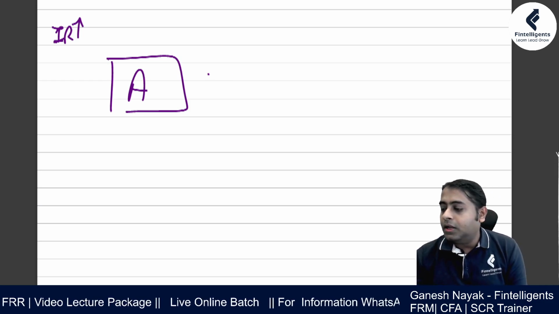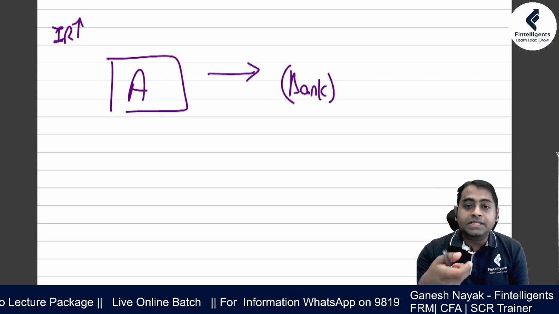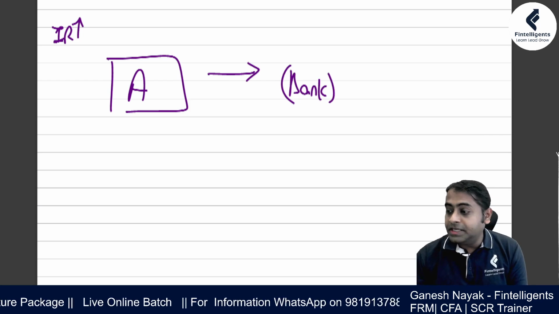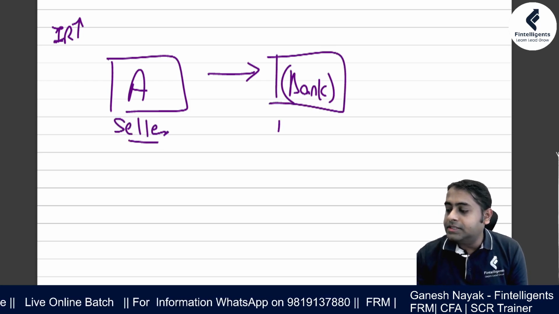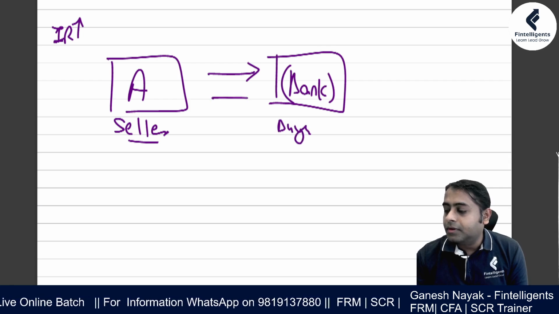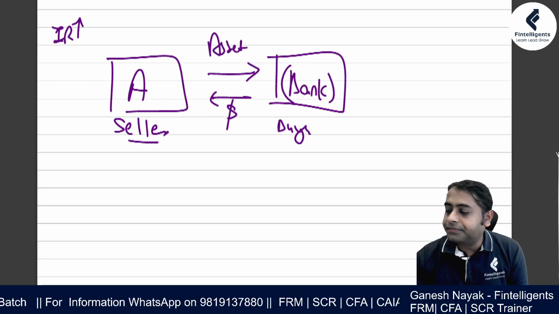Now there could be a bank who is basically buying it. Please look at this transaction. He is a seller and he is a buyer. So he is paying that dollar and he is getting that asset.